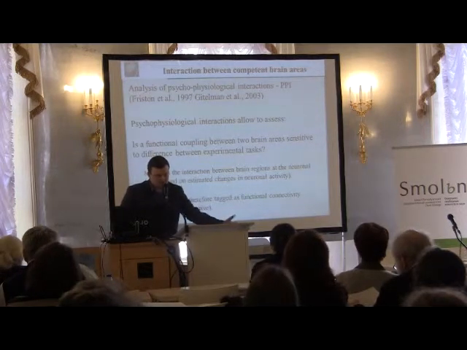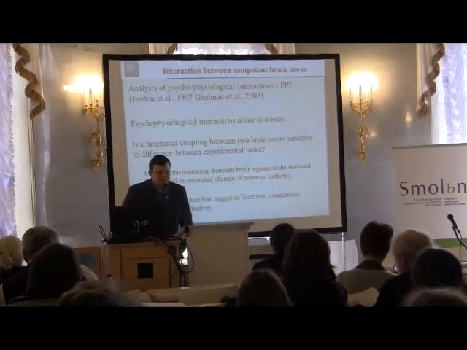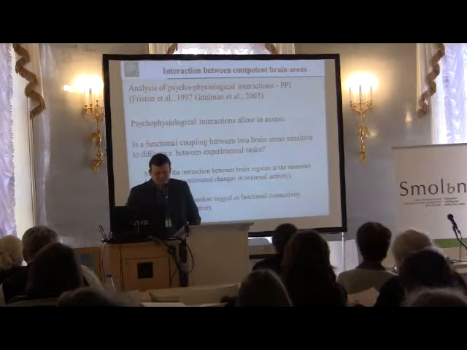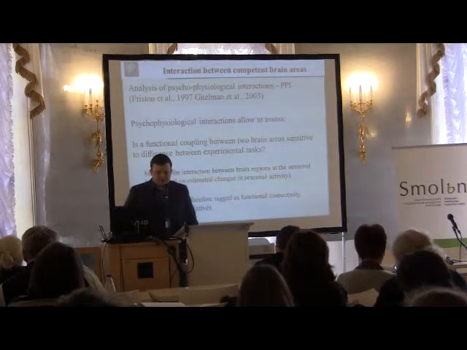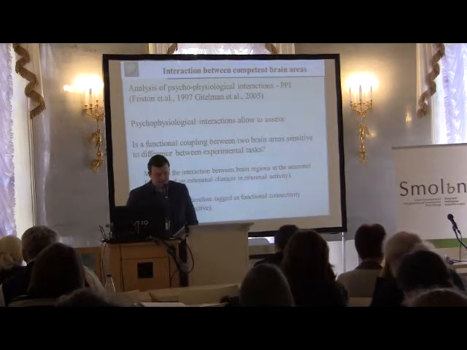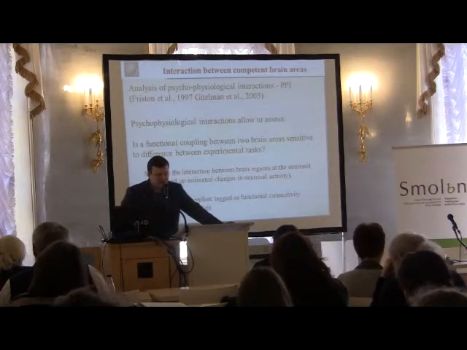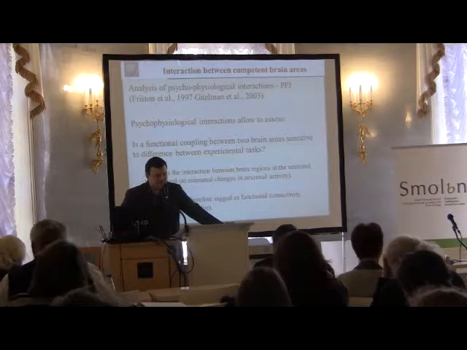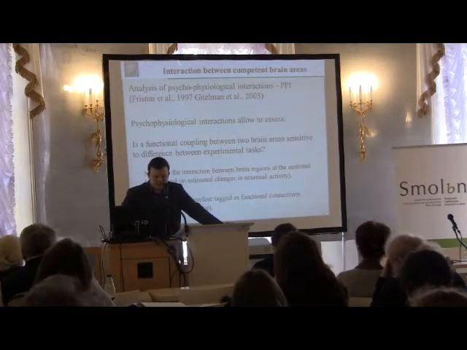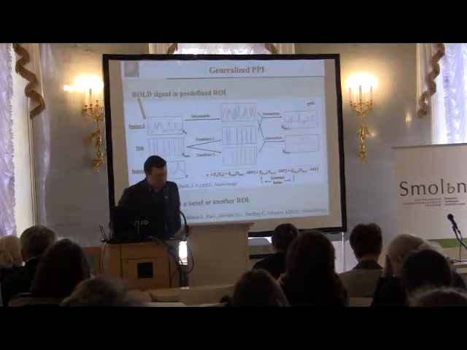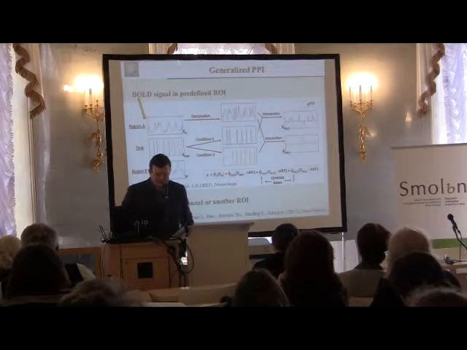It allows you to reveal how your experimental task influences interaction between brain areas. So you are getting a statistical measure, the dependence between two brain areas as a function of the change of your experimental task.